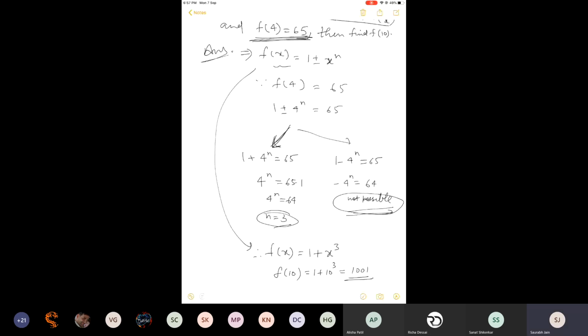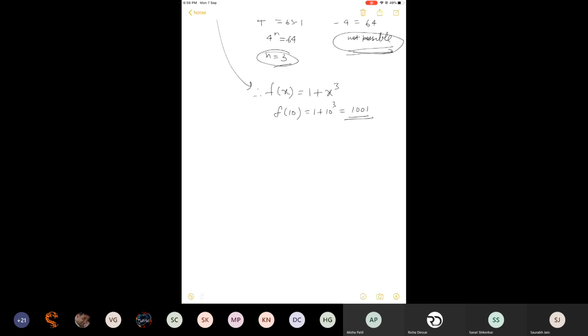Last time I solved questions 52 to 64 based on mapping. Add these questions to your homework, questions 43 to 51, level 1. These will be discussed in the next class. Then after this, level 2.